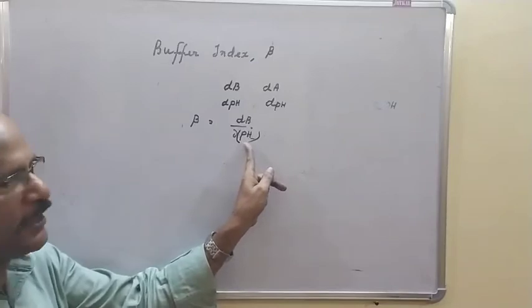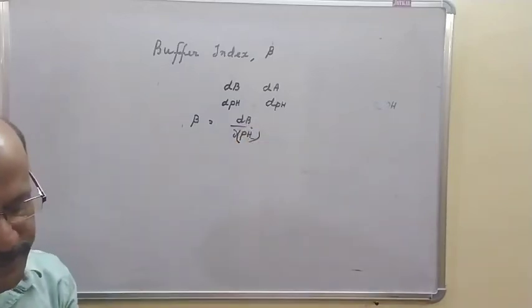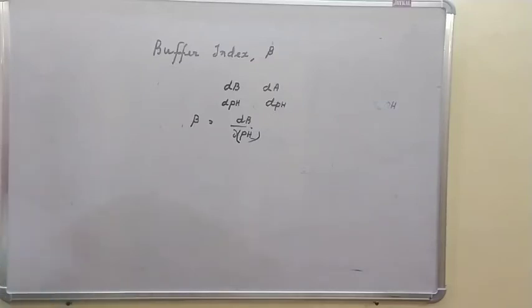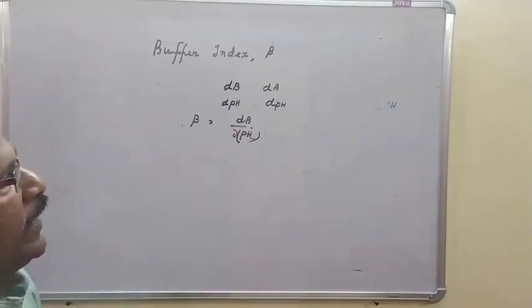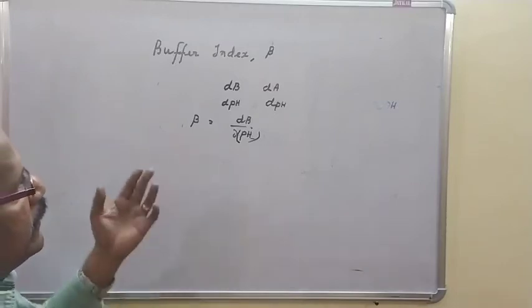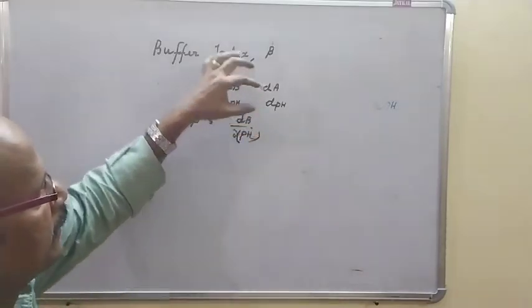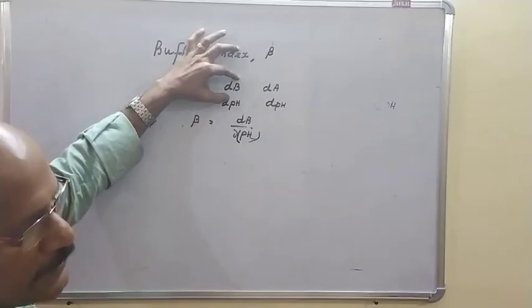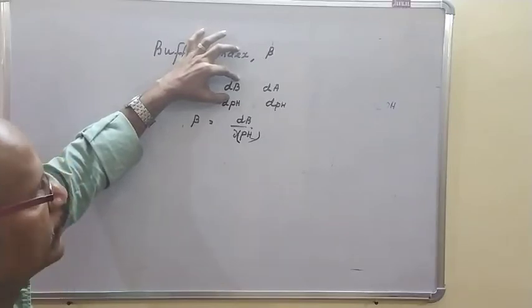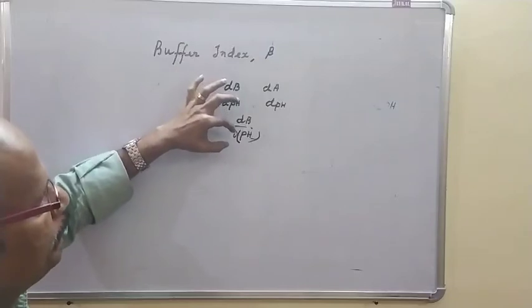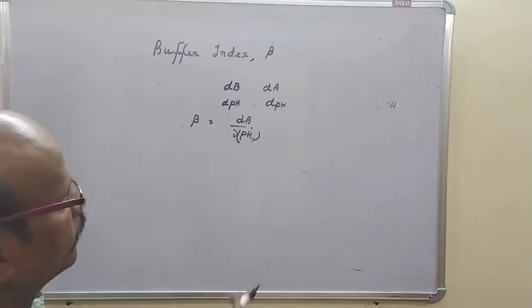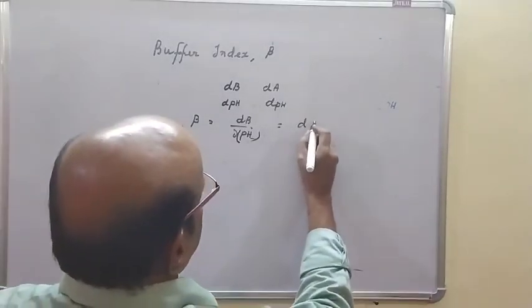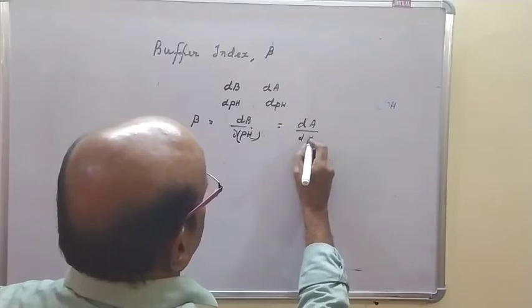So it is a ratio of the amount of the acid or base added to the corresponding difference in the pH produced in the buffer. dB by dpH is called beta, the buffer index, where dB is the small increment of the base added, and dpH is the corresponding change in the pH, or it is equal to minus dA by dpH.